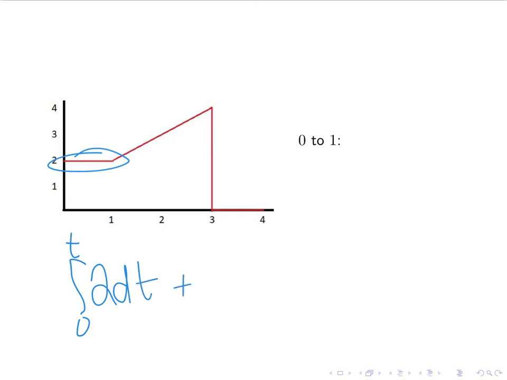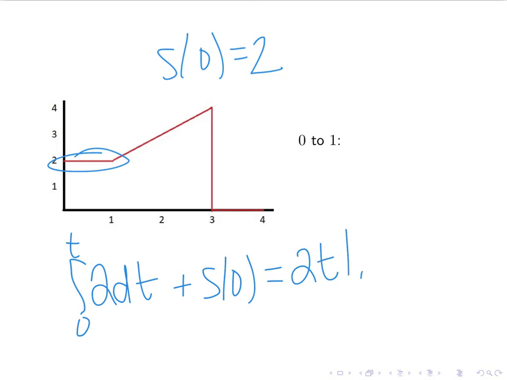We also need to add our original position, and from the original equation, that was 2. So S of 0 equals 2, so I'm going to be adding 2. The integral of 2 dt is 2t. We evaluate that from 0 to t, and then add in our 2. Plugging in t, I have 2t. Plugging in 0, I have 0, and then plus 2. So our first position function is 2t plus 2.